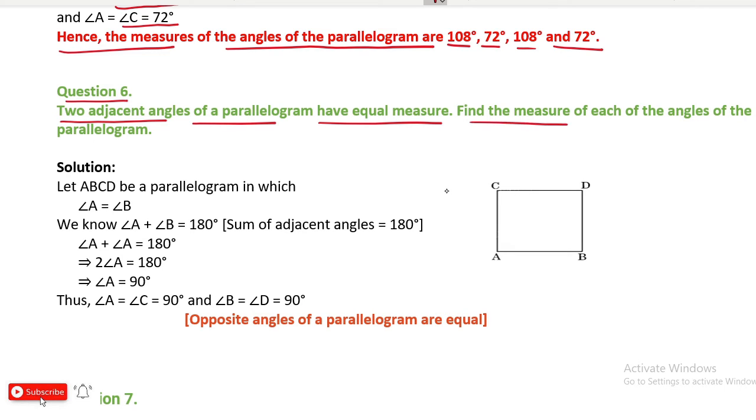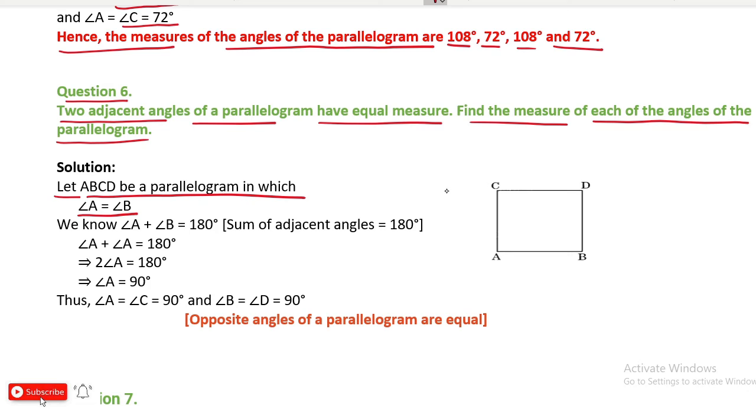Find the measure of each of the angles of the parallelogram. Then let ABCD be a parallelogram in which angle A is equal to angle B according to the question. The question says that two adjacent angles will be of equal measure.